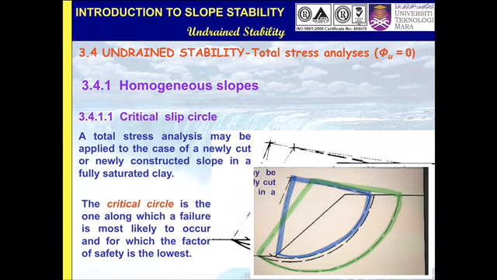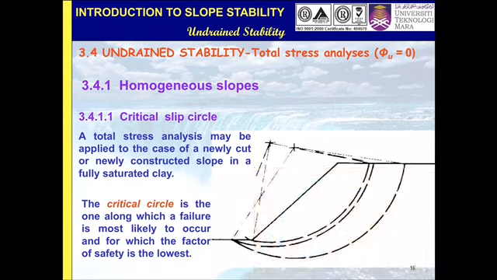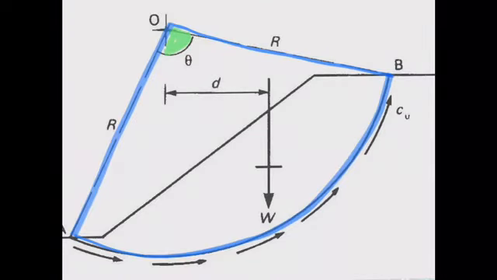This critical circle, theta. We normally consider the slip circle as a sector. As you can see here, there is a sector AOB, and the slip surface is the outline AB. So your theta will be at AOB. W is the weight of the soil, so it is considered the disturbing force.